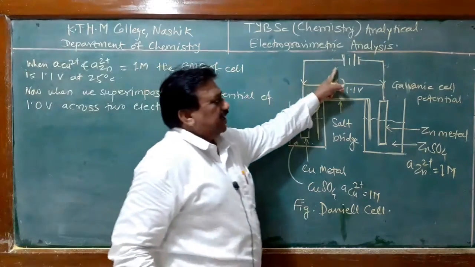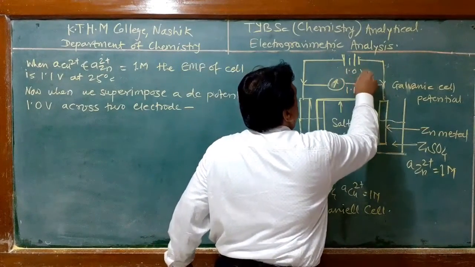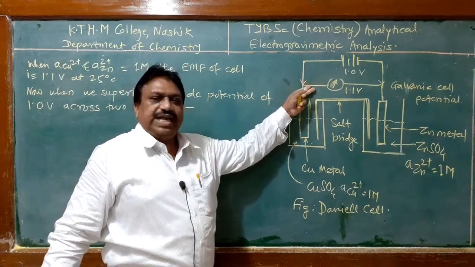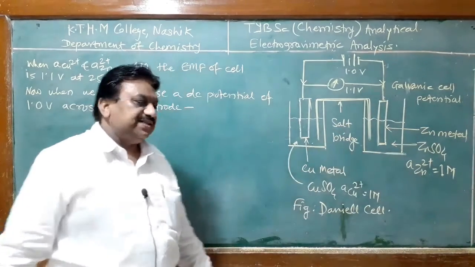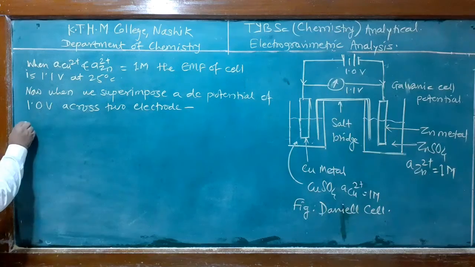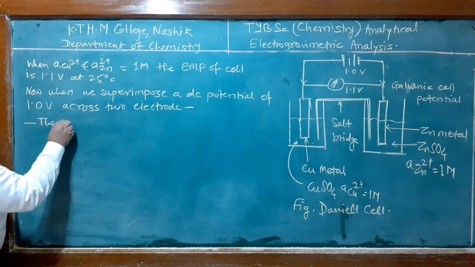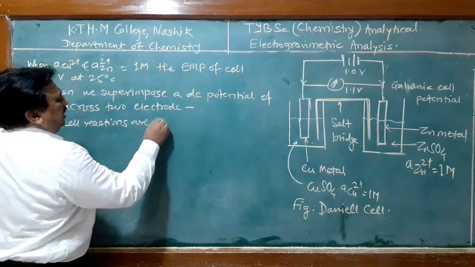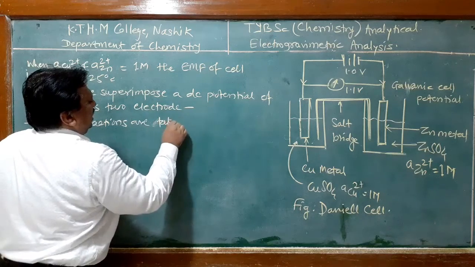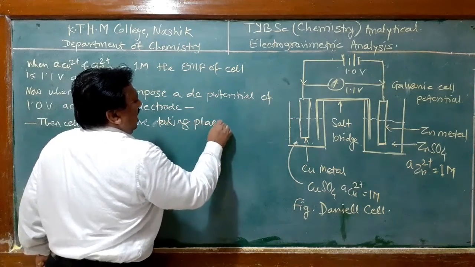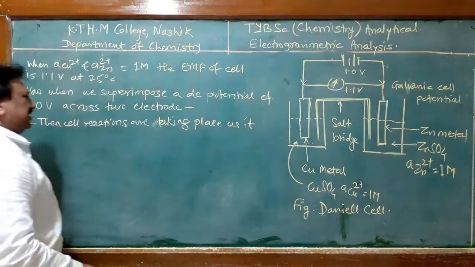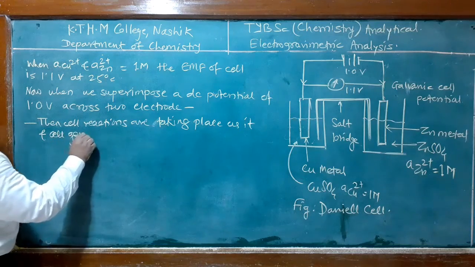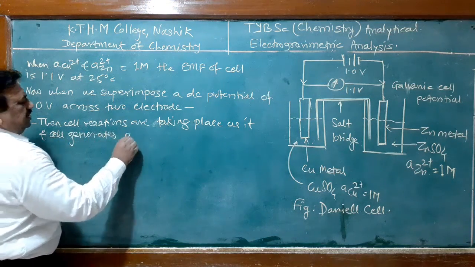Here we are applying, or superimposing, a 1.0 volt potential across these two electrodes of the Daniell cell. Then cell reactions take place as they are, and the cell generates electricity.